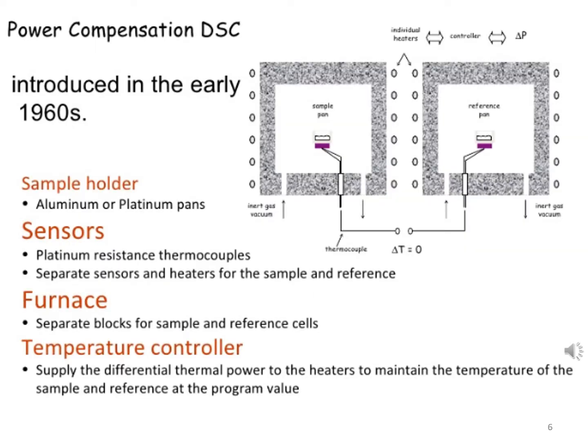The first type of DSC instrument is power compensation DSC, and it was introduced in the early 1960s. A sample holder that could be used in power compensation DSC could be made of platinum or aluminum.